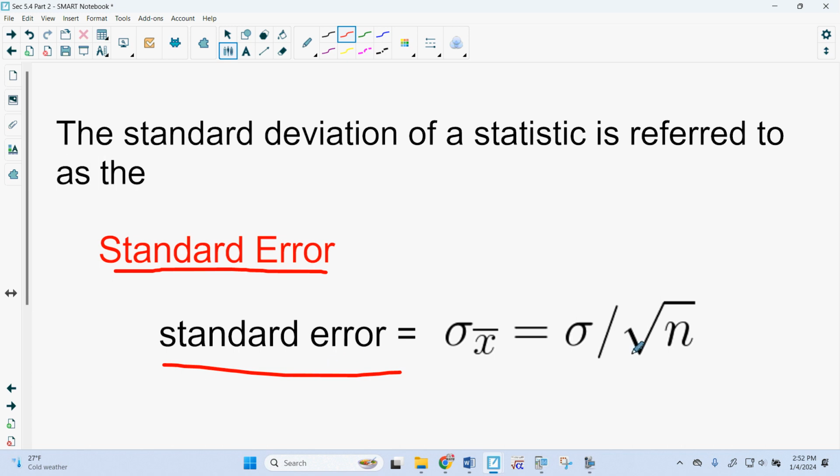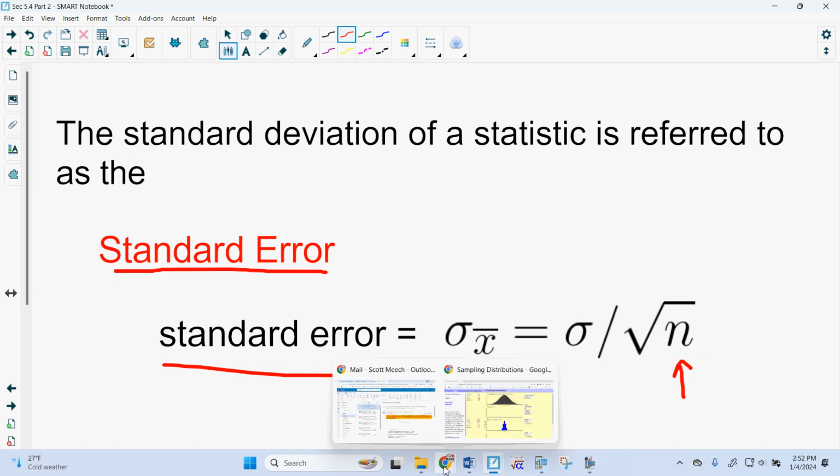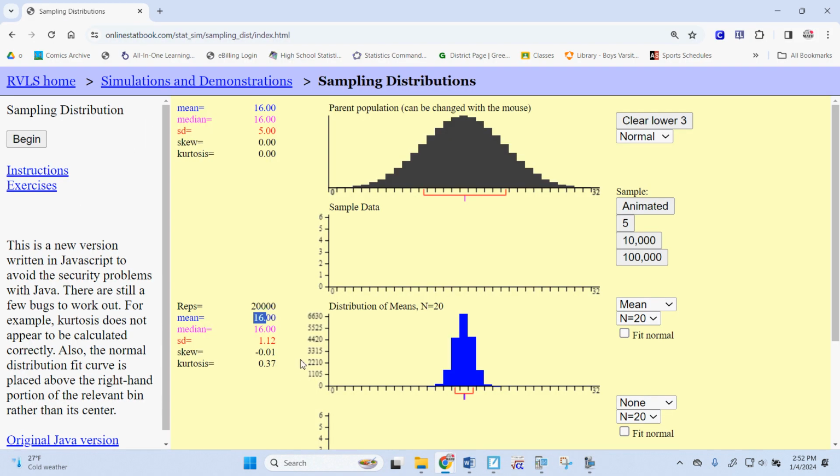What this means is the standard deviation of your sampling distribution, you can determine by determining what n is. So if we come back to here and you say, okay, I want my sampling distribution to have a standard deviation of 1, then you can ask, how big of an n do I need to get my standard deviation closer to 1?